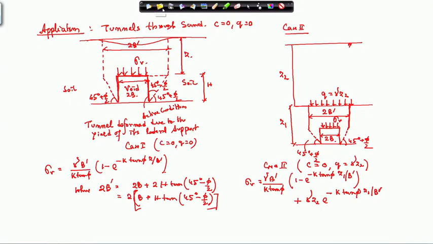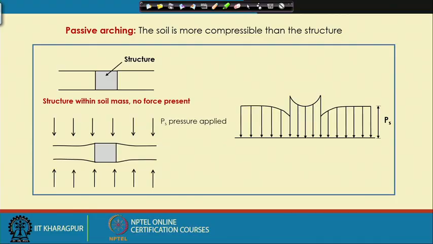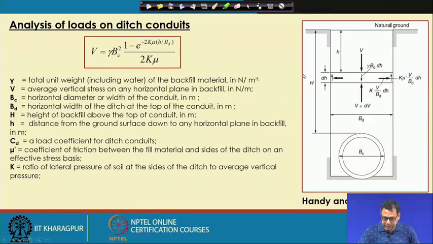Now I will show you a few more applications of how you can apply these theories. This is active and passive arching. Now, the analysis of load on a ditch conduit. Here I can calculate the stress on the conduit, where Bc is the diameter.